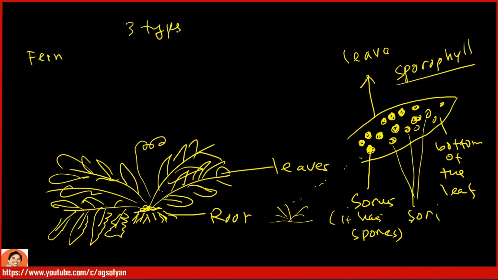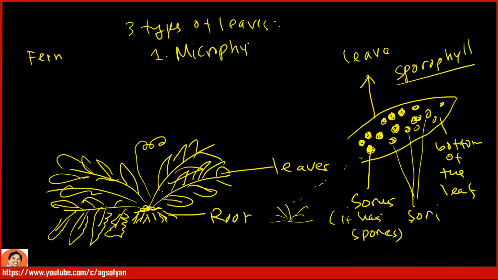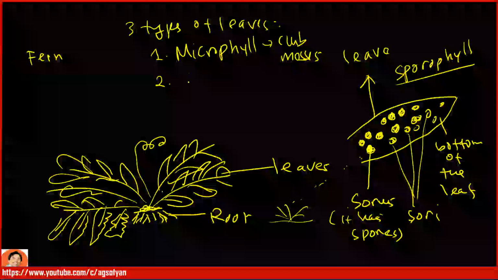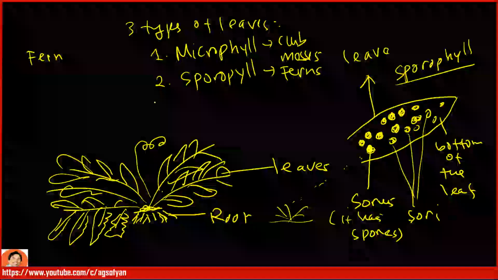So basically there are three types of leaf on vascular plants, just for information. The first one is microphyll, mostly in club mosses. They are small. The second one is sporophyll. This is mostly in ferns. They carry spores.